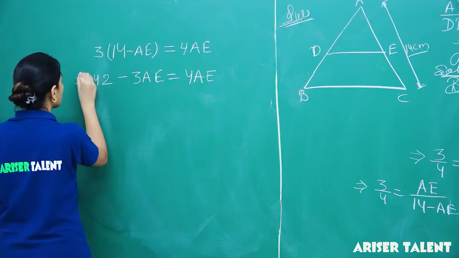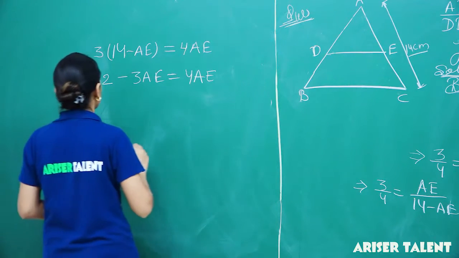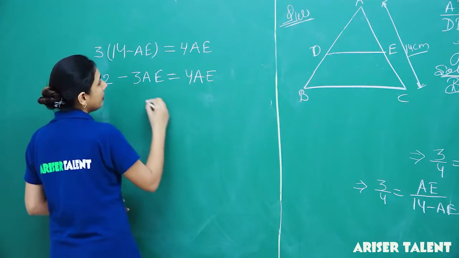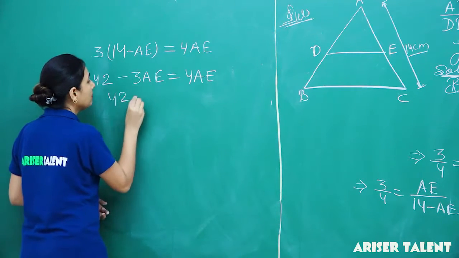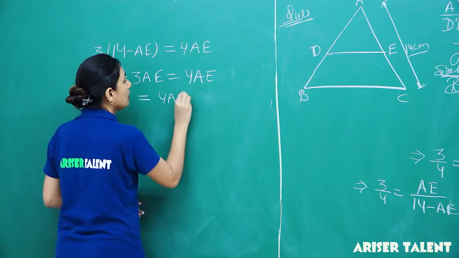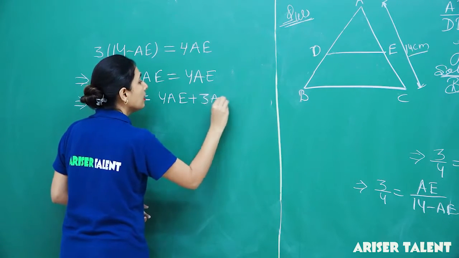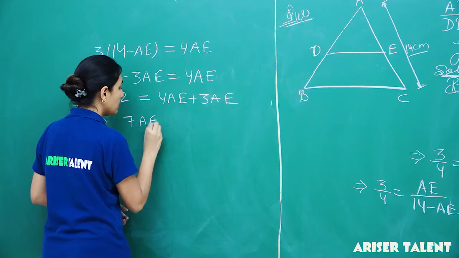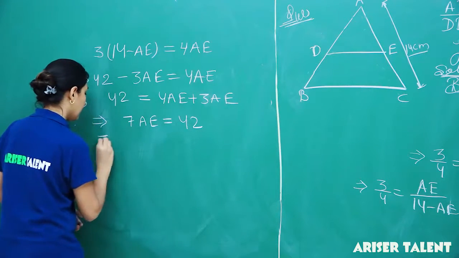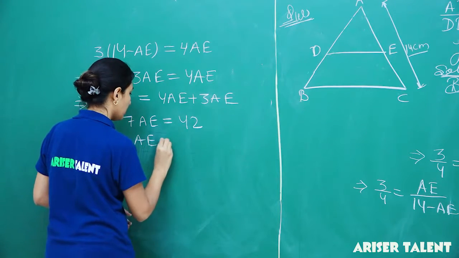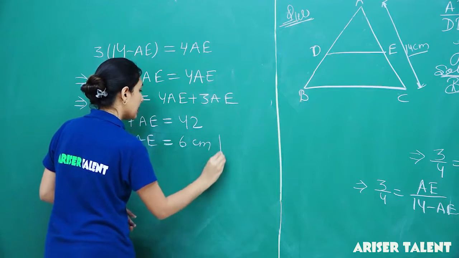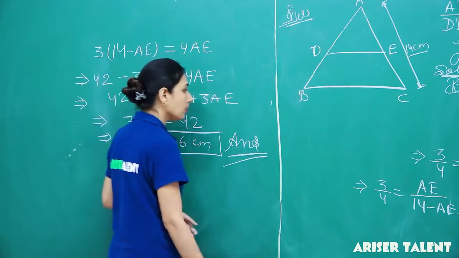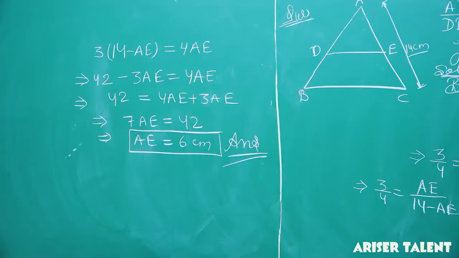Then it will become 4AE plus 3AE, which gives 7AE equals 42. That will give you AE equals 6 centimeters. Right, students? So AE equals 6 centimeters is your answer. Now copy this question.